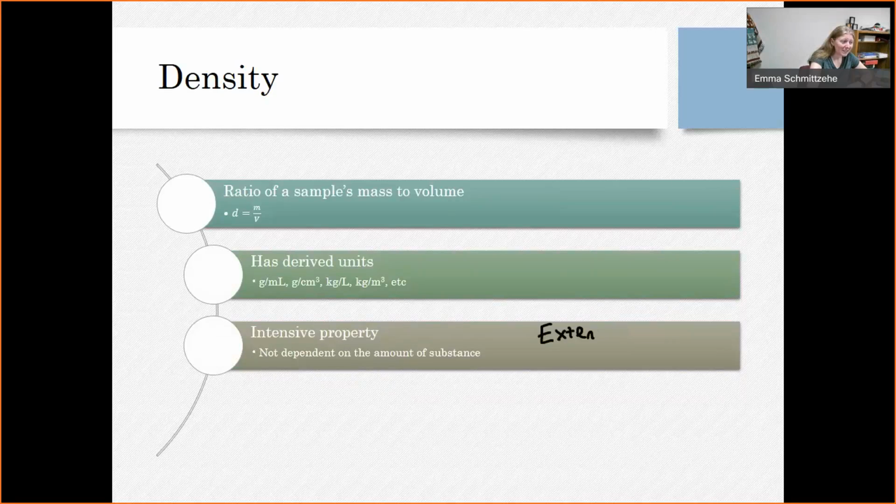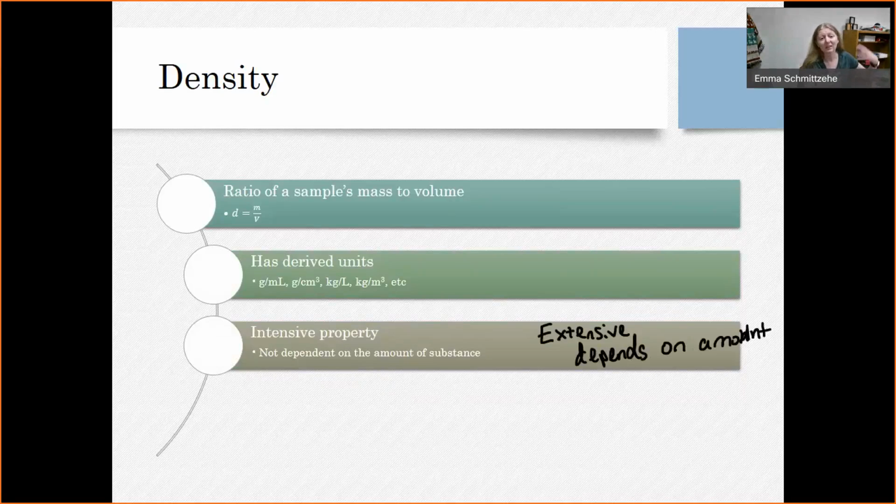So an intensive property is the opposite. An extensive property depends on amount, okay? And so this is for other things. There are some things that are extensive, there's some things that are intensive. And so properties are one or the other.